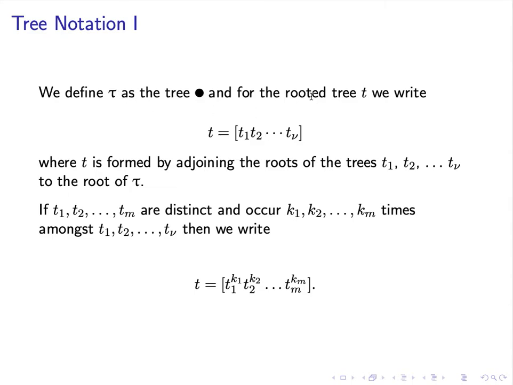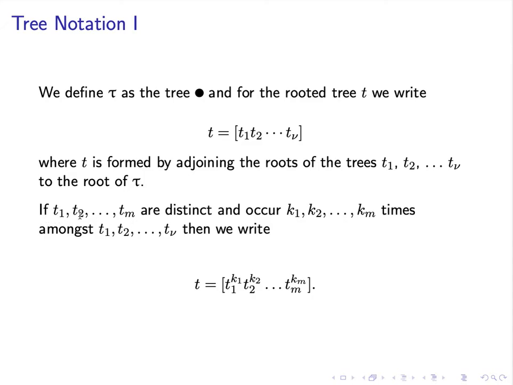And we refer to a rooted tree T using square brackets, and within the square brackets we have lots of subtrees. So T1 is another rooted tree, T2 is another rooted tree, etc. Our tree T is formed by connecting all of these subtrees to our root node tau.